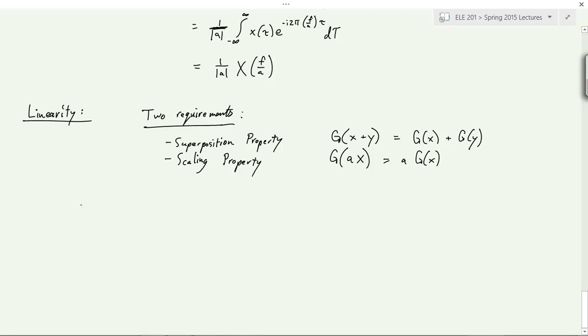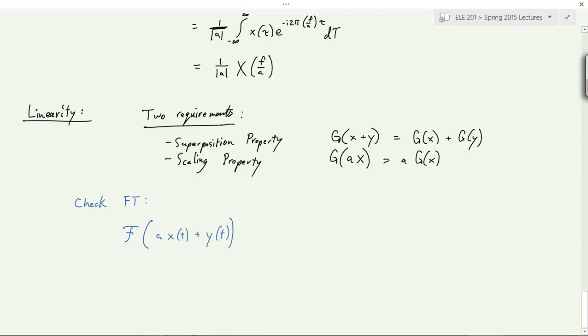Let's check the linearity of the Fourier transform. We'll put in the Fourier transform of a x of t plus y of t.